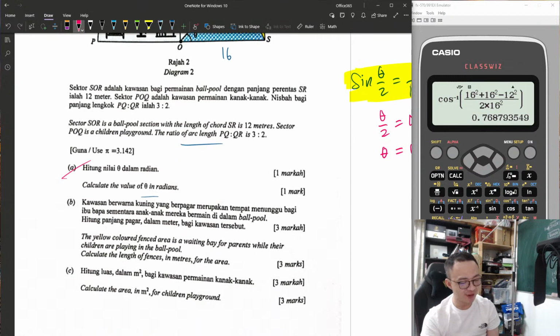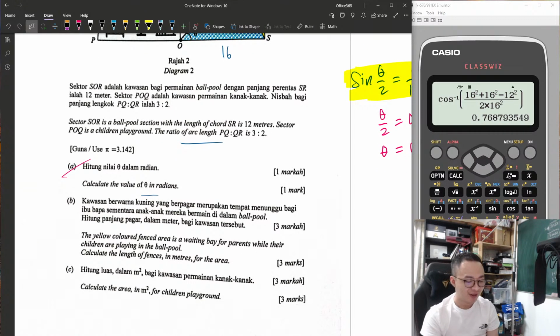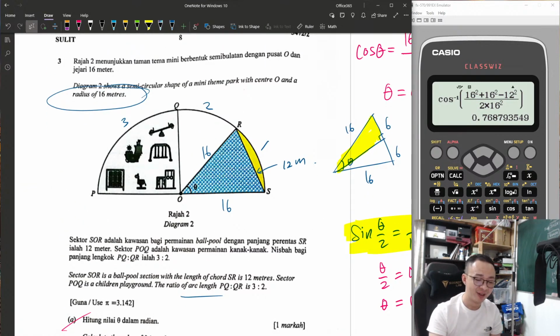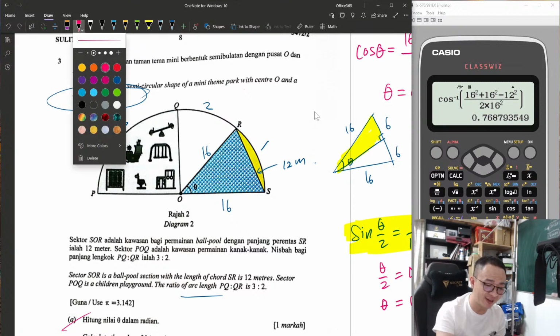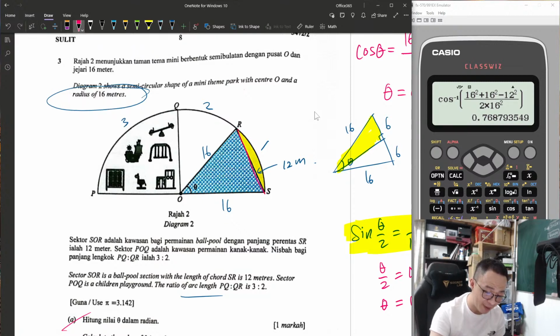All right. So the yellow color fence area is a waiting bay for parents while their children are playing in the ball pool. Calculate the length of the fence in meter for that area. So basically, you need to find the perimeter here. I use red color to show you.